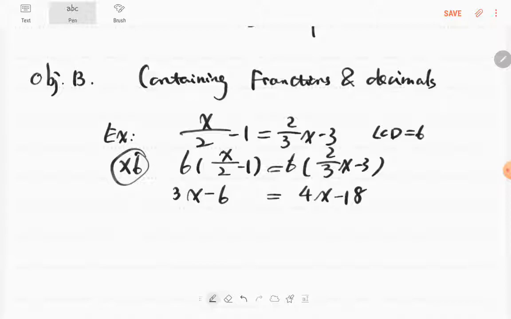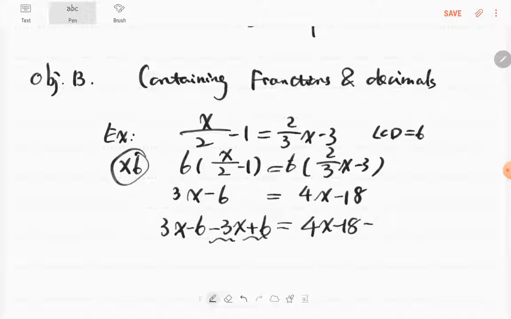We'll try to keep the variable terms on one side, right? So we will try to do this. Minus 3x and plus 6. We want to minus 3x plus 6 for both sides.